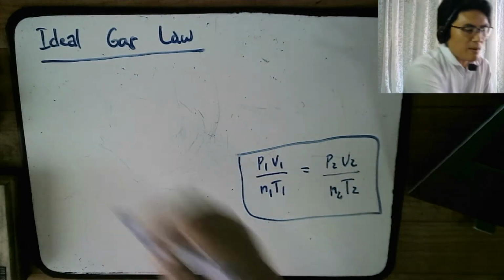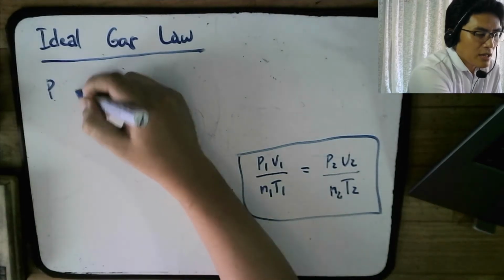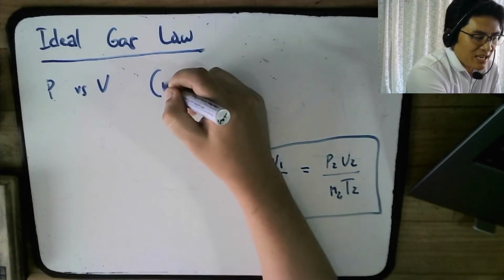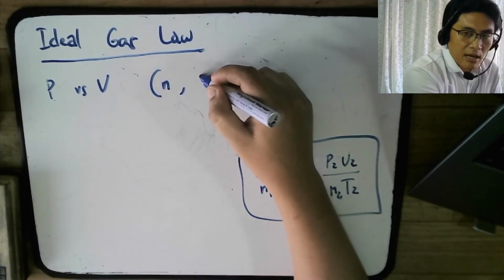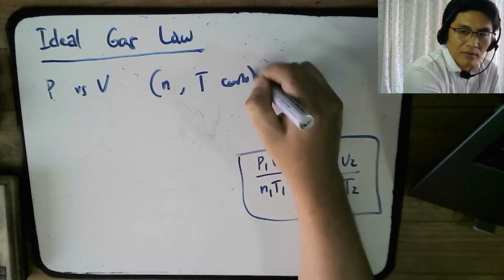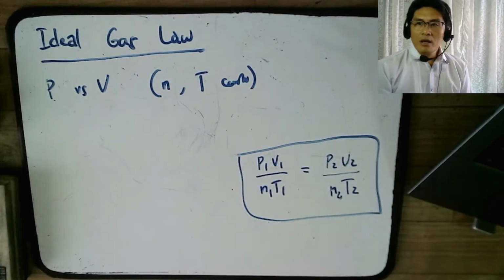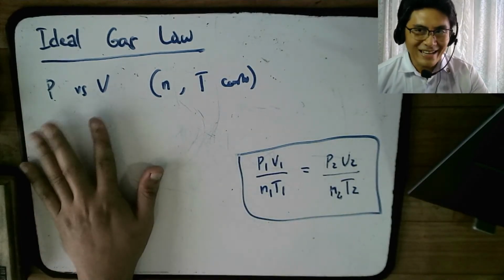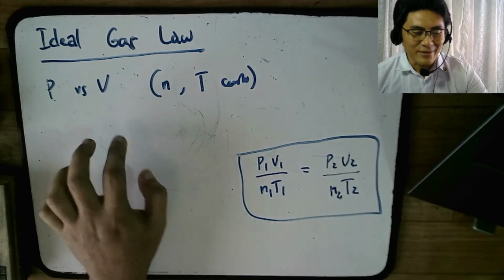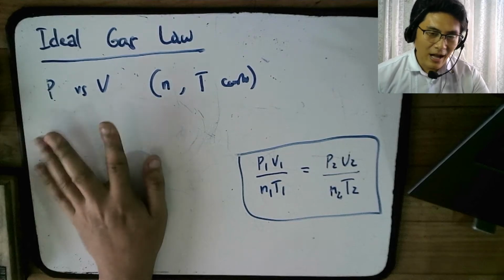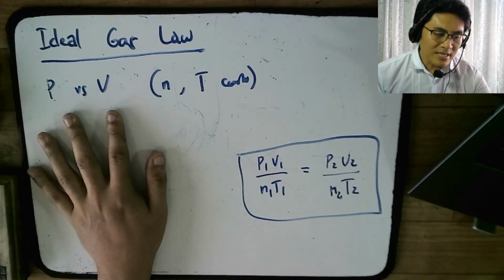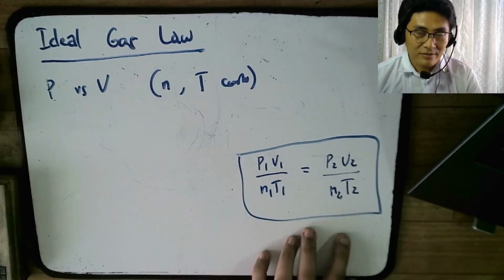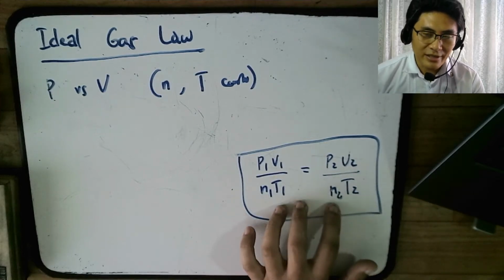So for example, remember in Boyle's law, we are looking at P versus V, but we keep N and T constant. So Boyle's law, if you really think about it, is a shortcut of the ideal gas law.